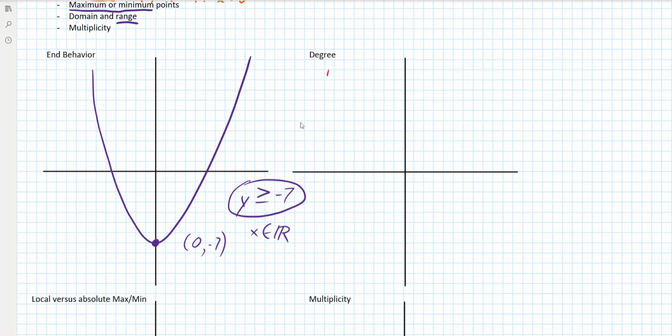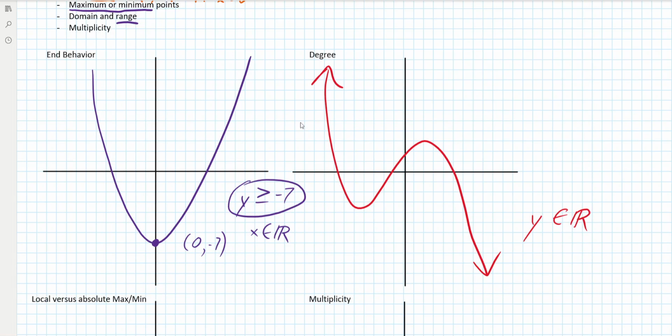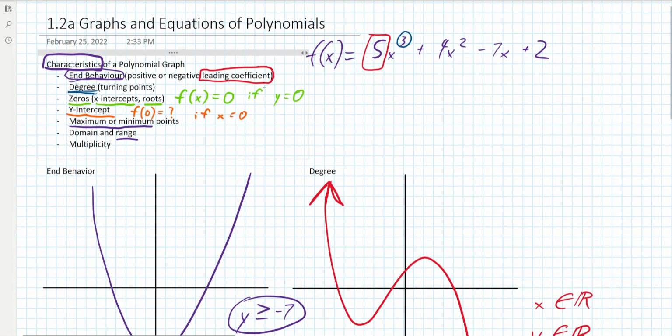But in this question, which is a cubic, we actually have a range that is also just y in the real numbers, and a domain that is x in the real numbers. Because this continues going this way forever, and this continues going this way forever, that is how we decide our domain and range.